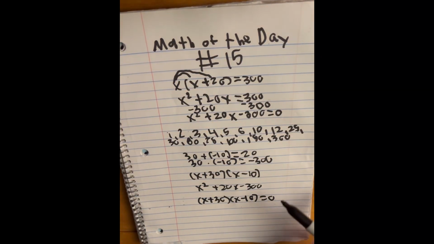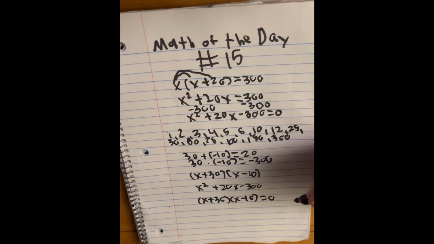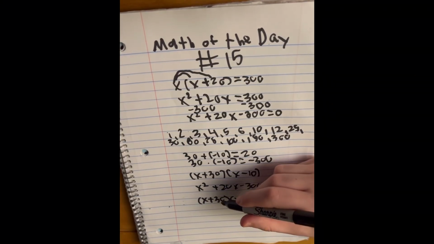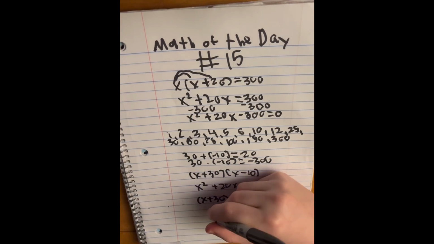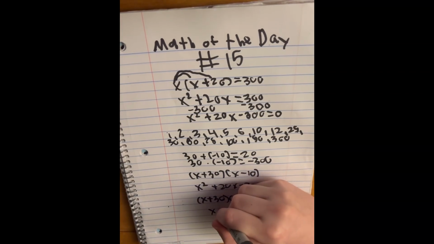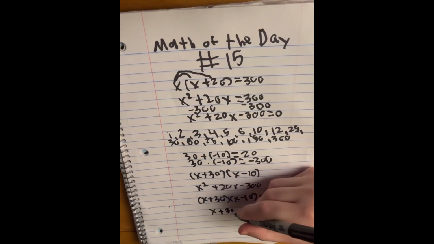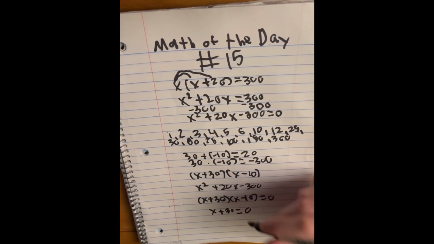And since we know these two are equivalent, we can just sub this in. Now we need to make it so each of these factors can equal 0, because if, say, the x plus 30 equals 0, and then we multiply that by the x minus 10, it will always, no matter what that value is, be 0. So that means we have to try and solve x plus 30 equals 0.